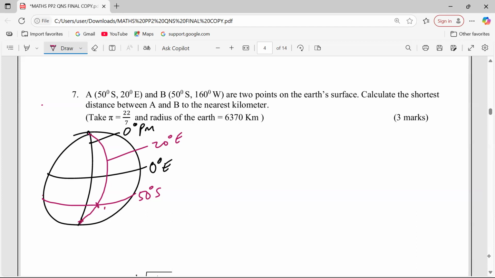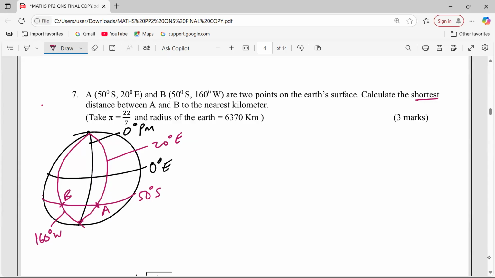We are having a place called A. And 160 degrees in the west, we are having a place that we call B that way. So we are supposed to know this, that when we talk about shortest distance between two places, more so when they are in supplementary longitudes, it is usually the distance across the poles. Now that they are in the southern hemisphere, then it is the distance across the South Pole.